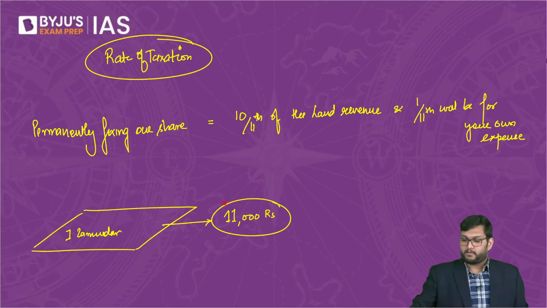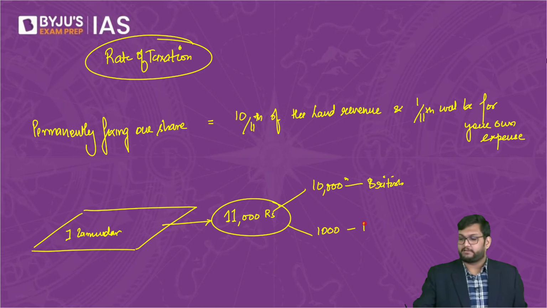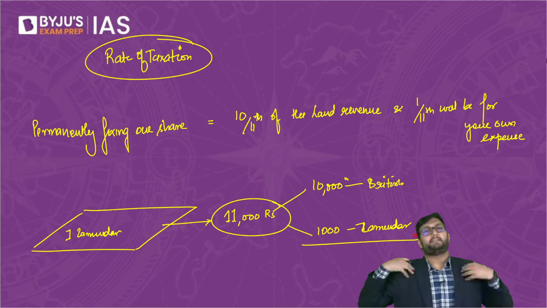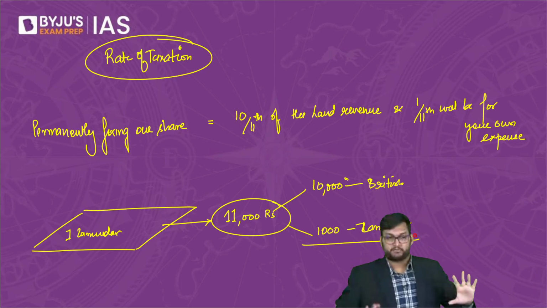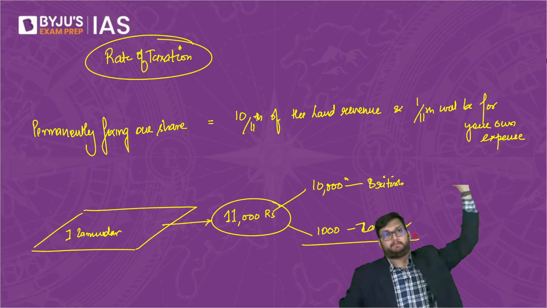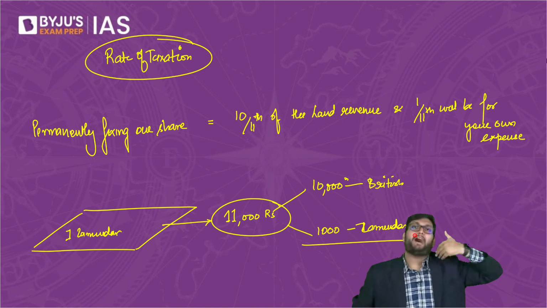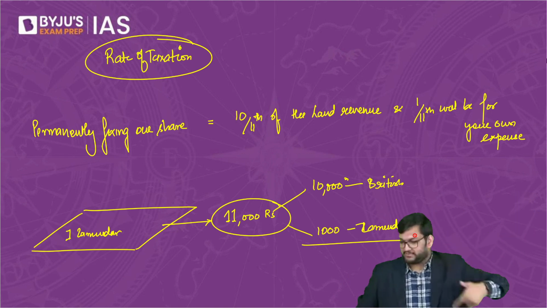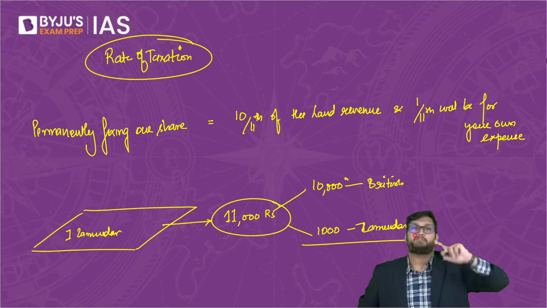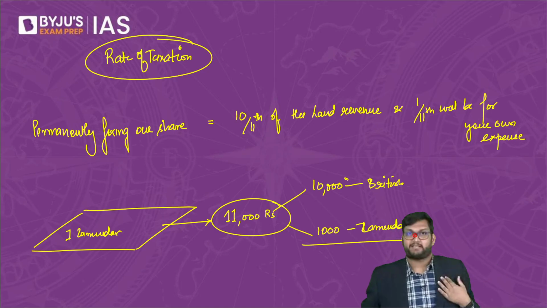So 10,000 will go to the British and 1,000 will go to the zamindar. And the British would say, you have to pay 10,000 forever. If this revenue increases to 12,000, you get 2,000. We will still take 10,000.